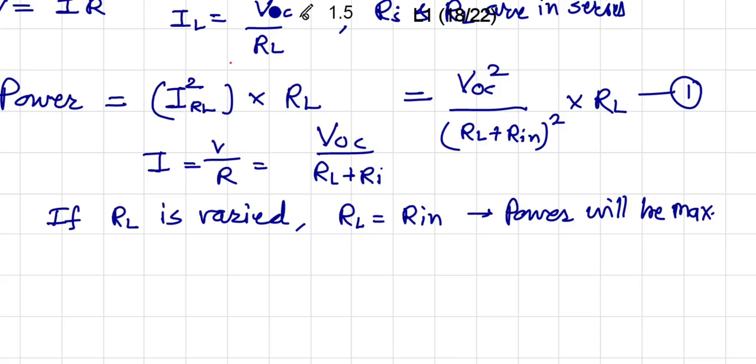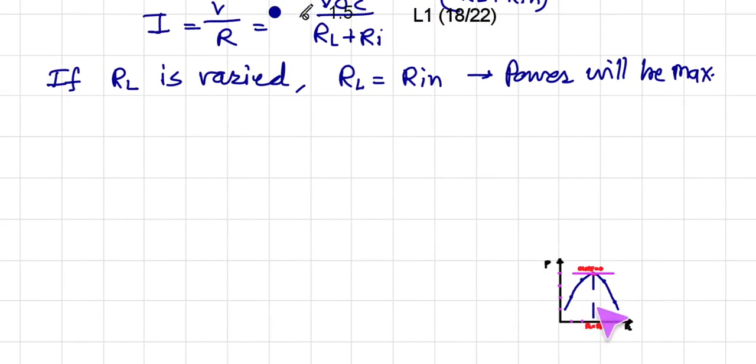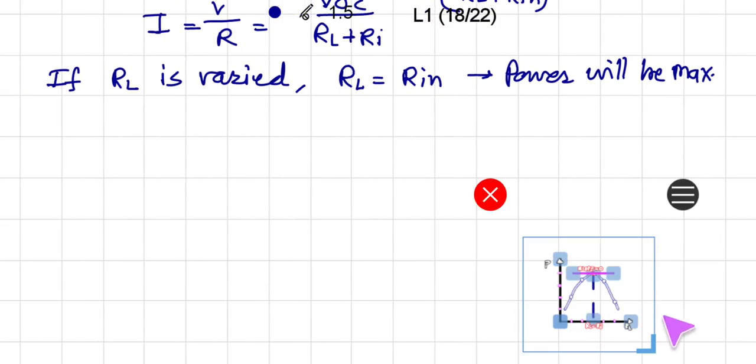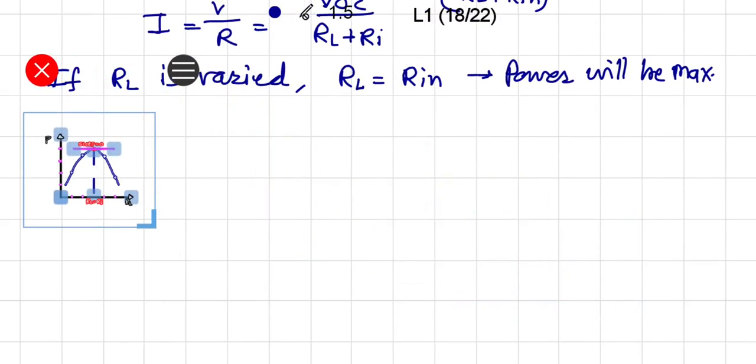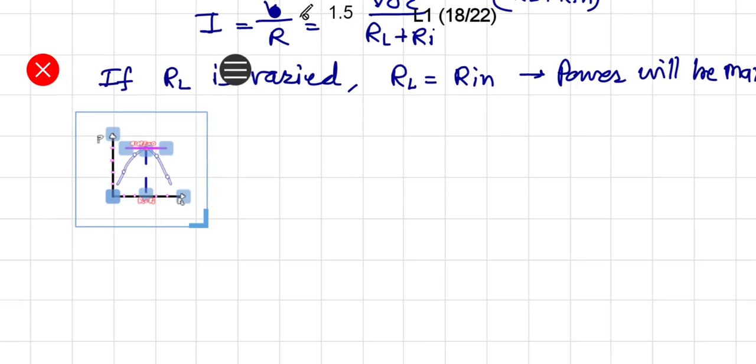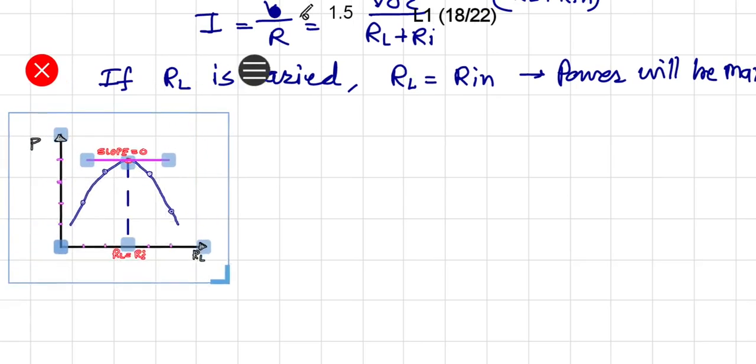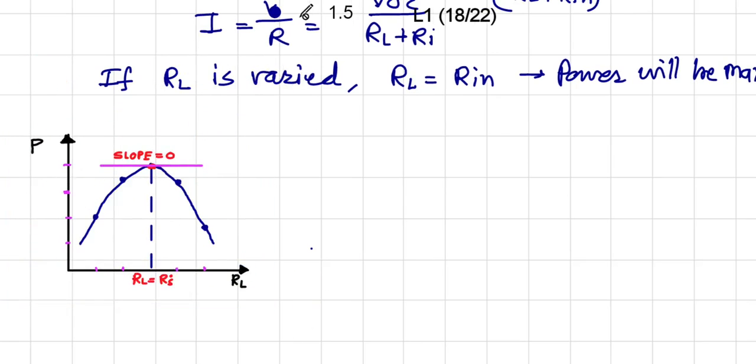Let us see how exactly it is happening. See in this graph, we are changing the value of load resistance, plotted on the x-axis, and we are measuring the power, that is P is equal to I square RL.